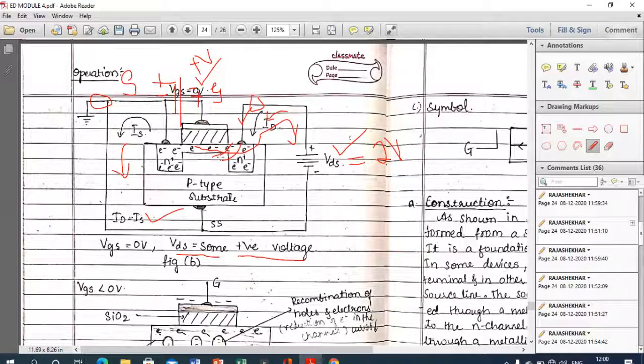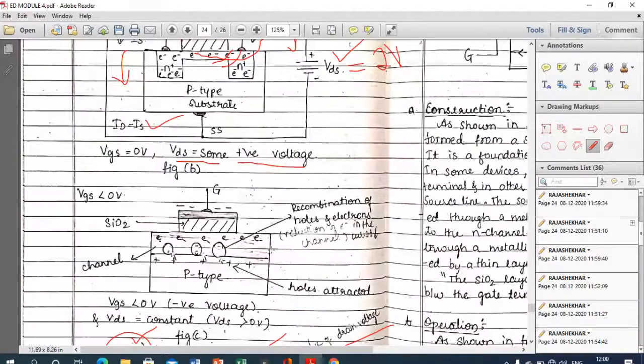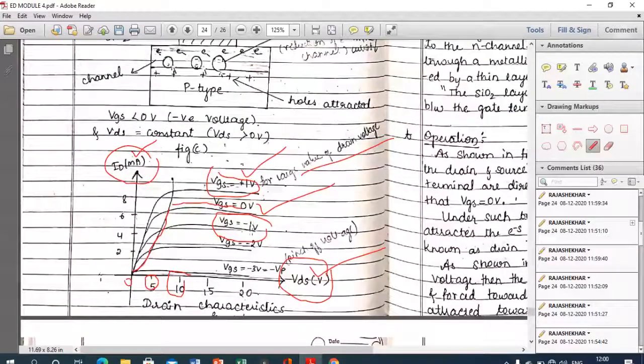Thereby it will reduce the electrons present in the channel and reduce the drain current also. So when I go on decreasing VGS from 0 to minus 1 volt, it starts reducing the drain current, and for a particular value of VDS it will get saturated.